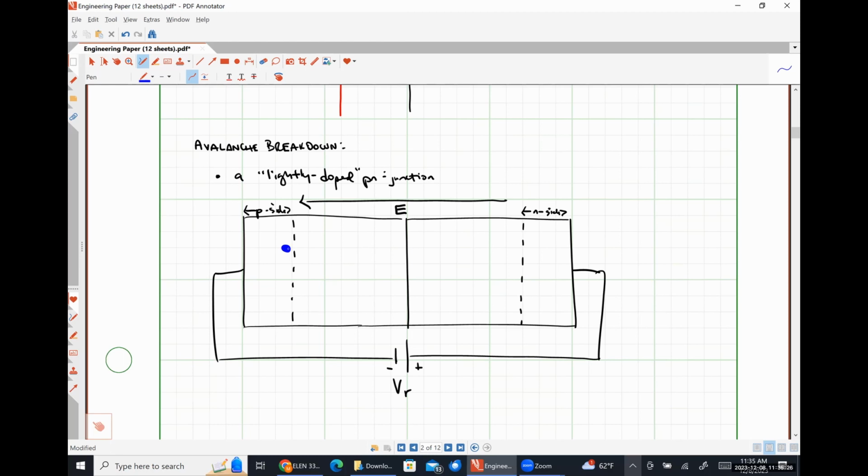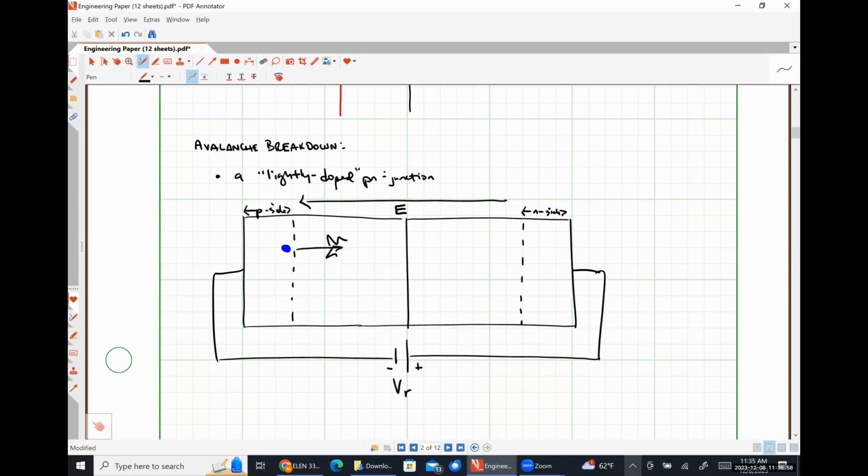What's the energy of an electron under an applied voltage? qV, right? So if we have a really large field, it's effectively going to be imparted with a whole lot of energy. And so this electron is going to be shot forward until it hits the nucleus of one of those bound dopant atoms.